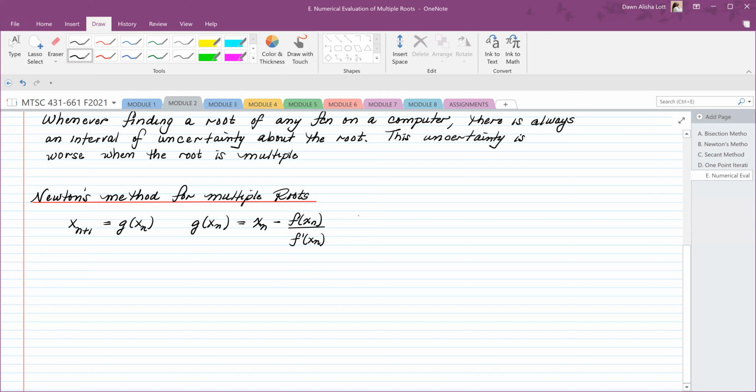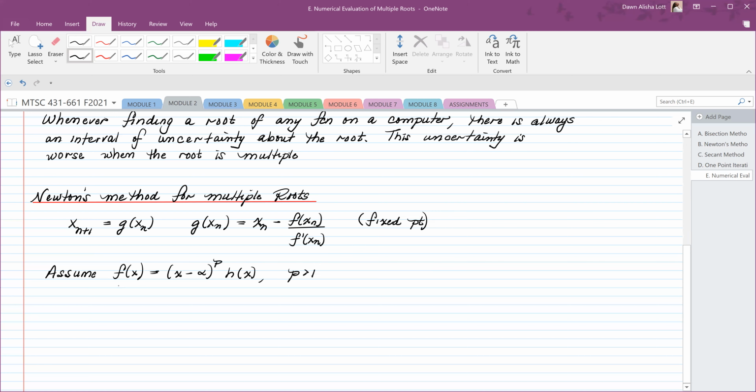All right, it's a fixed point. Okay, so we're going to assume that f of x is x minus alpha to the p times some h of x. And here the assumption is p is greater than 1. We're looking at something that has roots of multiplicity more than 1.